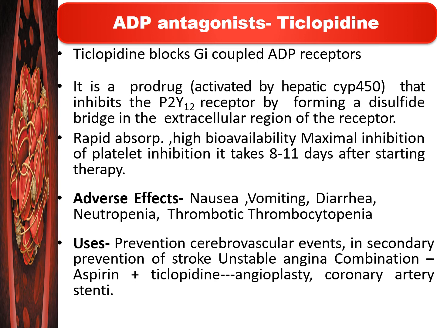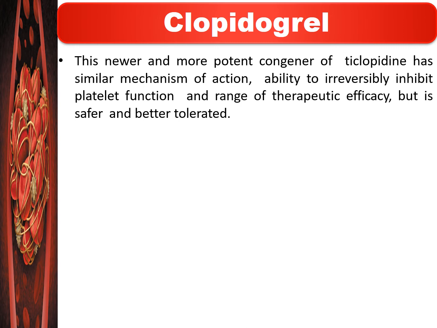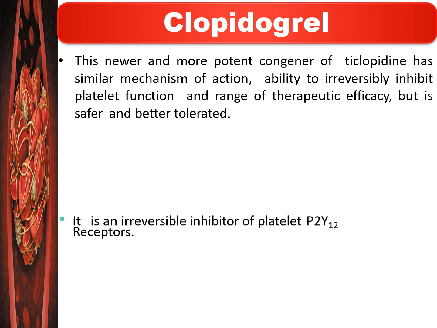In combination with aspirin, it is used in angioplasty and coronary artery stenting. The another drug is clopidogrel. It is a newer and more potent congener of ticlopidine, has a similar mechanism of action and the ability to irreversibly inhibit platelet function and the range of therapeutic efficacy, but is safer and better tolerated.